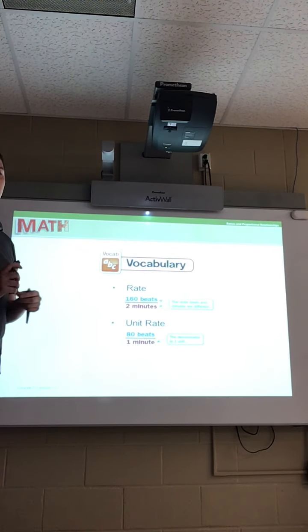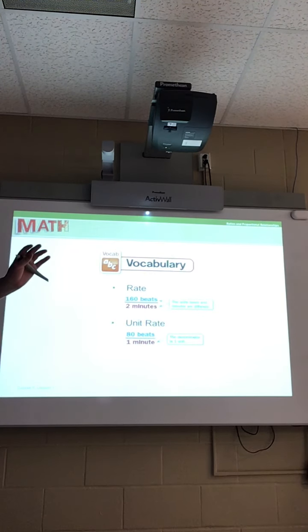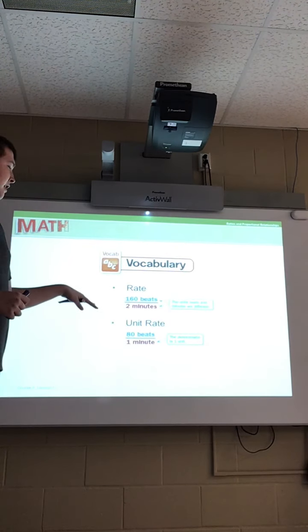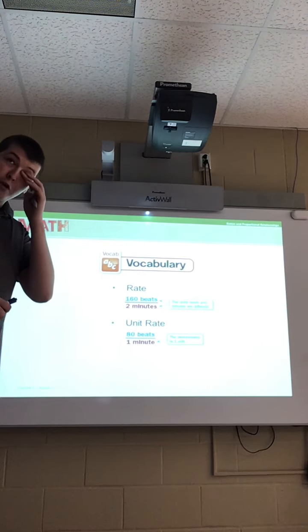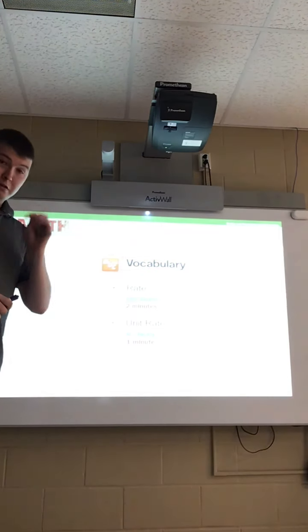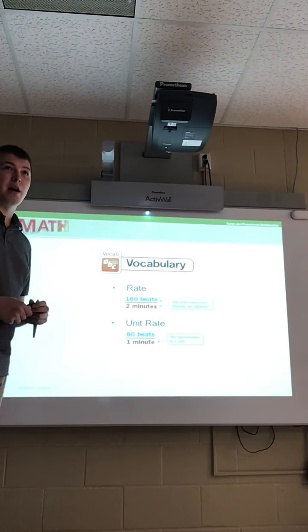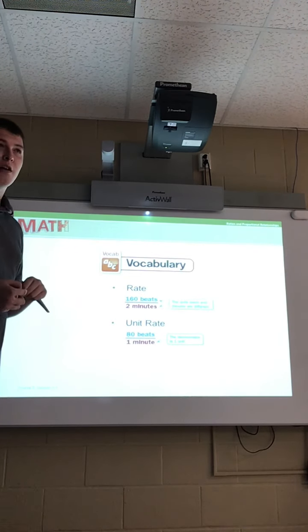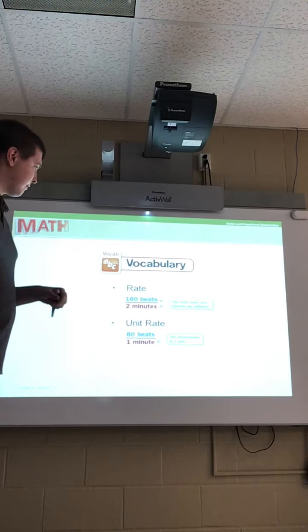That's the big difference. A rate is just a ratio of 2 things, usually something in time or distance. And a unit rate, we have to have it over 1. So you'll usually hear things like miles per hour, signifying that it wants over 1.